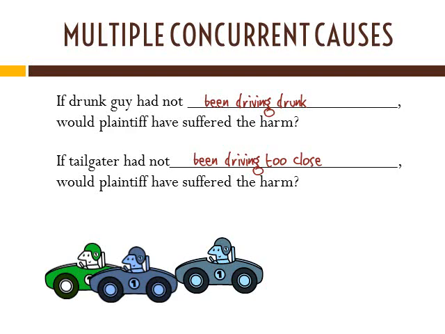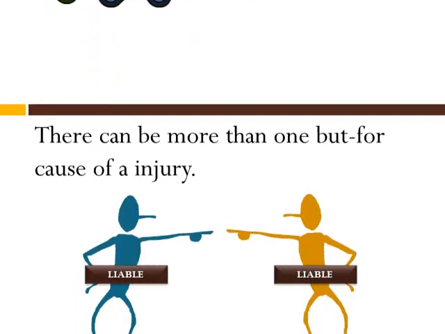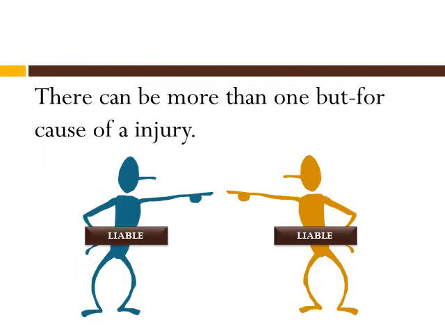And so you can see the point of this little story is that there can be more than one but-for cause of an injury. Even though the drunk driver is much more at fault, at least you would want to argue, for this accident, it doesn't mean you're off the hook.